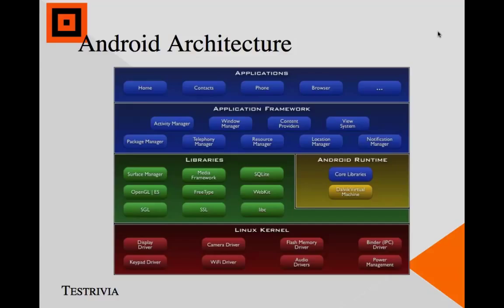And you have the Android Runtime, and in that you can see the core libraries and the Dalvik Virtual Machine. The Dalvik Virtual Machine is the same as your Java Virtual Machine, JVM. This is the DVM, and it will act the same way your Java Virtual Machine acts.